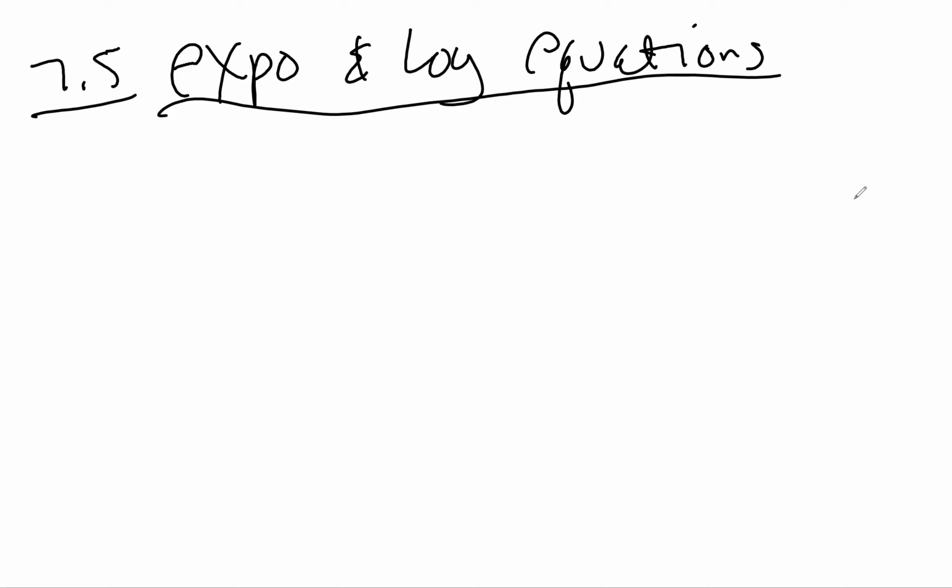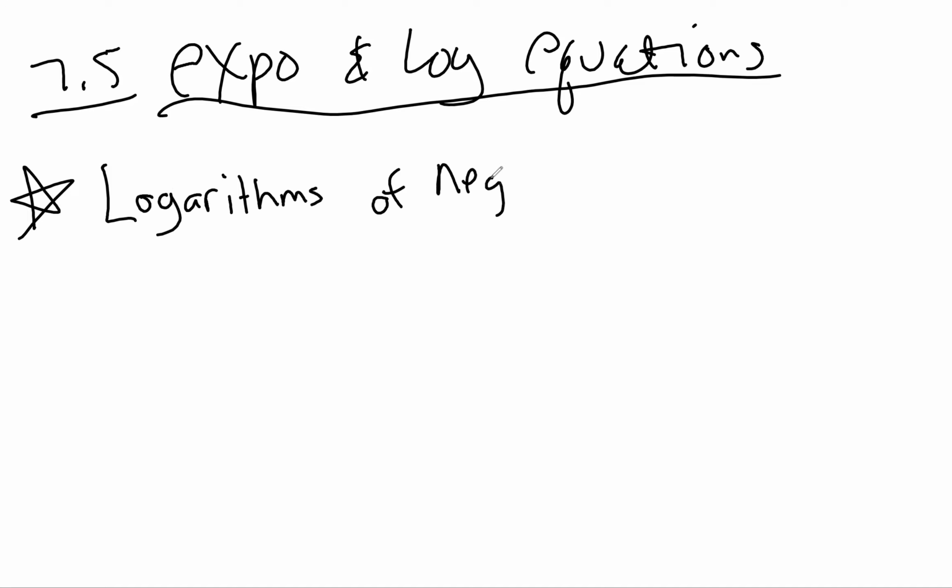Okay, so a couple sentences that I need to write down first that I need you to make sure that you understand and that you have. So the first one is this. Logarithms of negative numbers are by definition undefined.